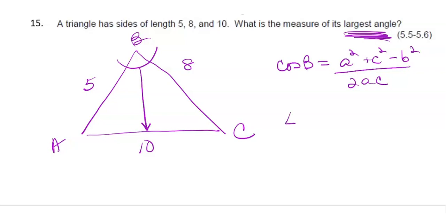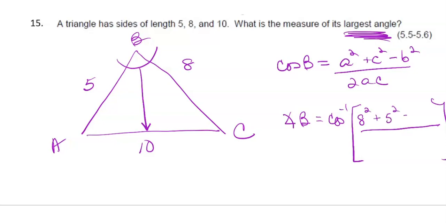Now let's execute that, but I'm going to do it this way. Angle B is what I'm looking for, equals cosine to the -1, because that's how I get my angles. A squared for me is 8 squared plus C squared is 5 squared minus 10 squared, over 2 times 8 times 5.